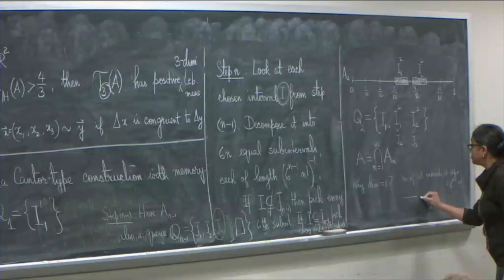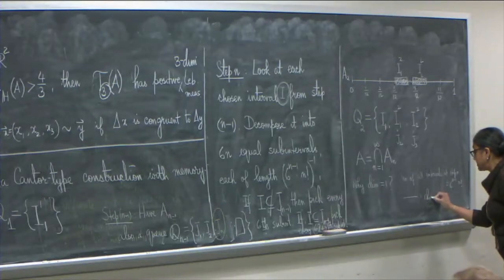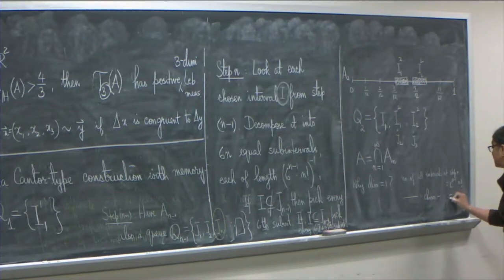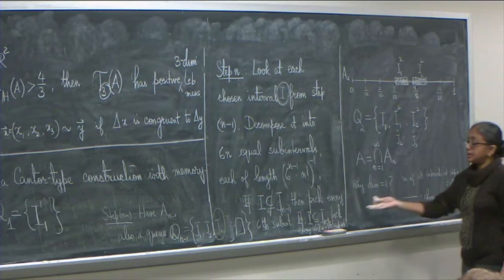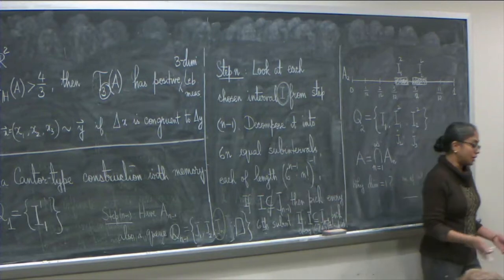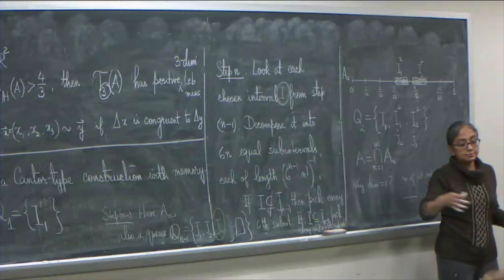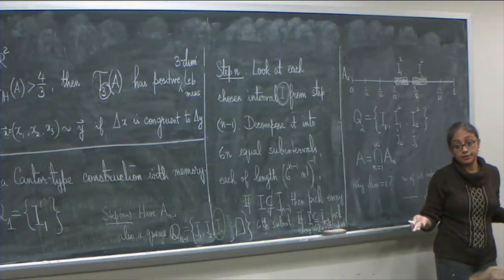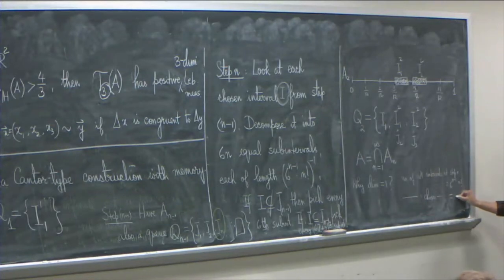But what is the number of all chosen intervals at step n? Well, you see, regardless of which situation you are in, you are only choosing intervals that are 6z apart, right? So the number of total that you are going to pick at the nth stage is n factorial.